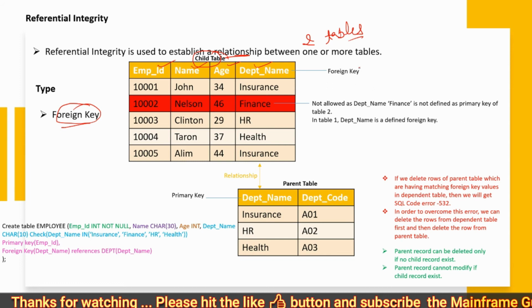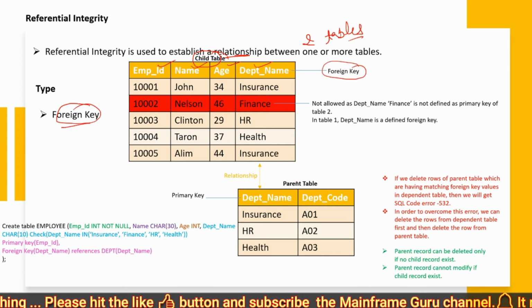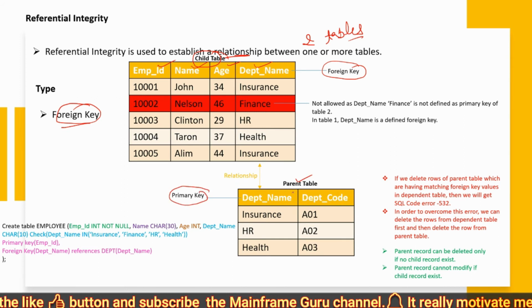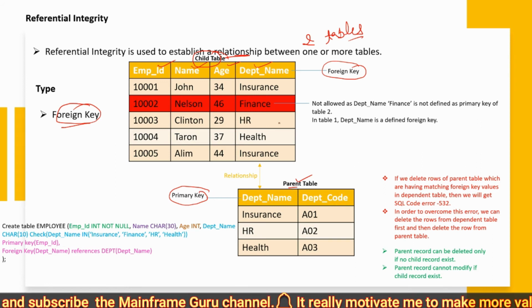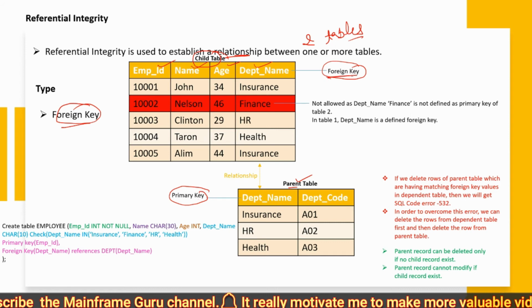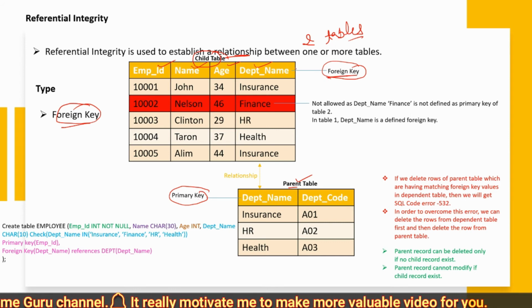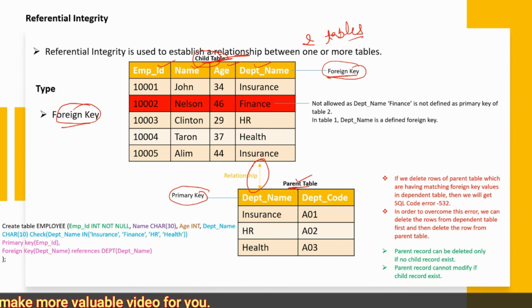Okay, and this is our foreign key, and this is our parent table, and this is our primary key. Why is this the parent table? Because it contains the primary key. And if you see here, this table contains the foreign key, it means it is a child table, and it contains the primary key in the relationship, so it is a parent table.